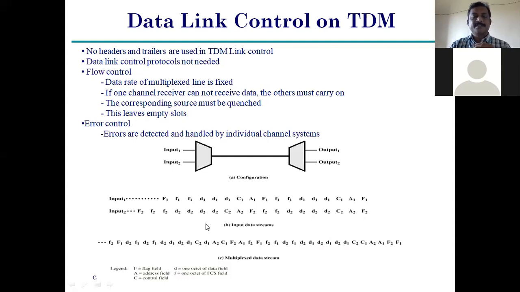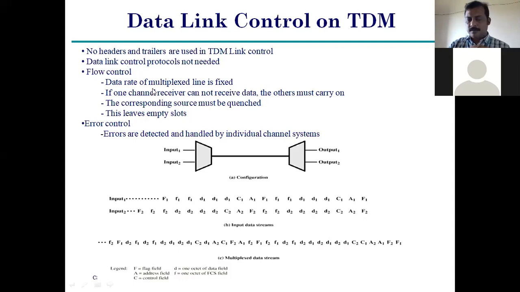So in this process, there is no need for addresses and dialers, as in TDM. Data control protocols are not needed. In a network, a packet travels from node to node, and for that purpose we use a protocol. But here in data link control, there is no need for protocols.